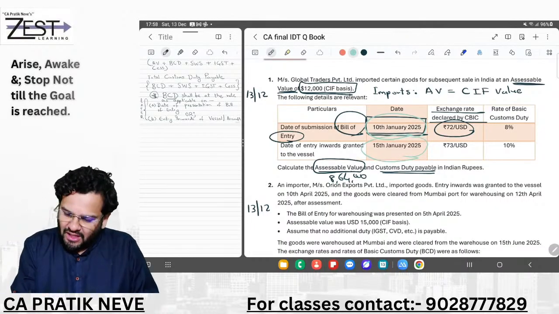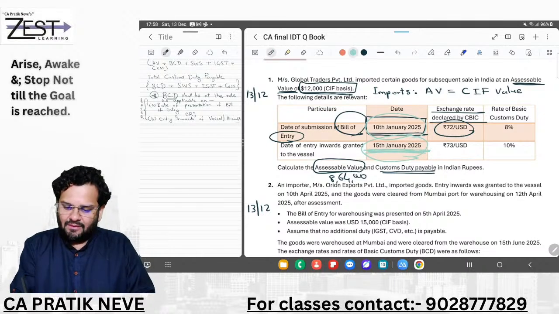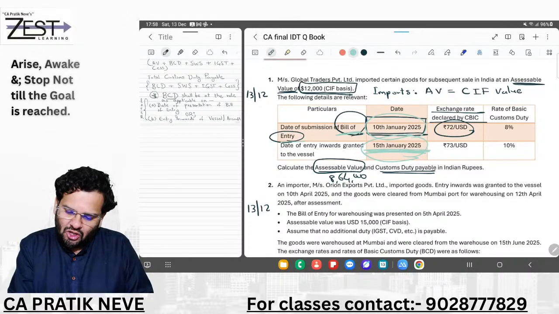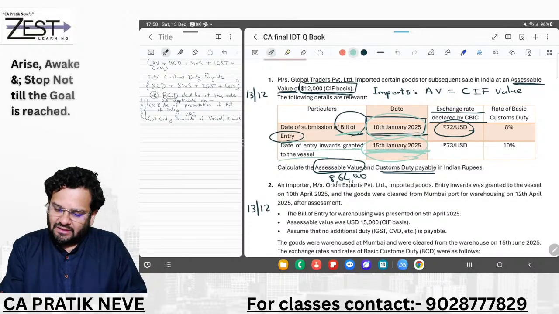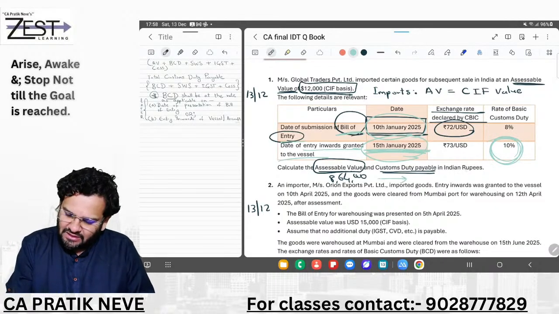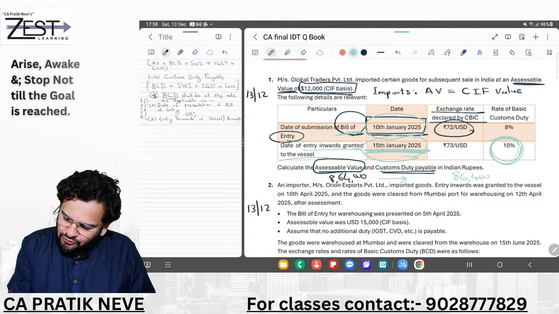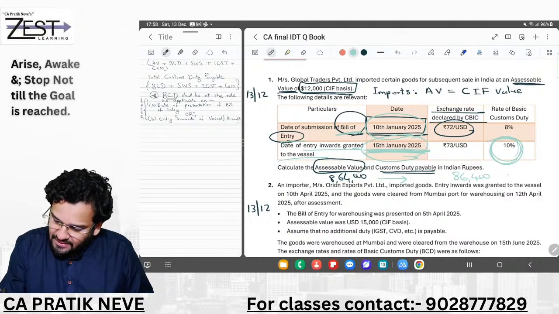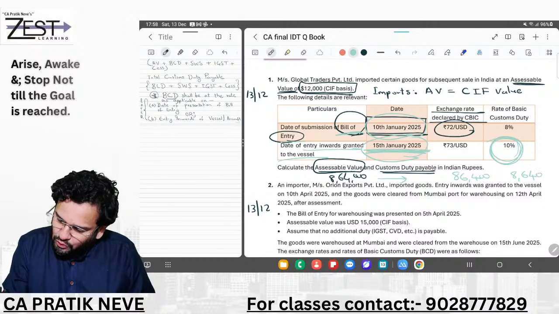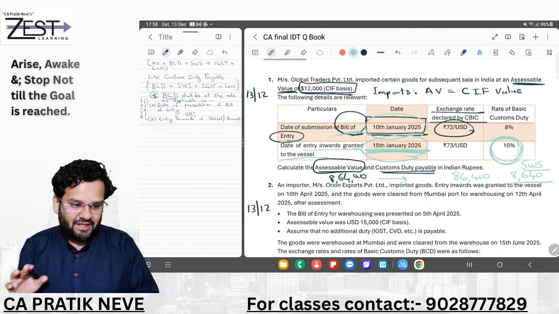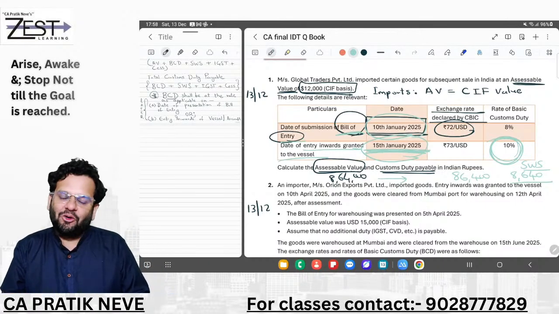Of course, as on 15th Jan, because as on date of bill of entry or entry inwards of vessel, the later is 15th Jan. On 15th Jan, it is 10%. So 86,400 will be your basic customs duty, and 8640 will be your social welfare surcharge. Does it make sense? All of you with me?